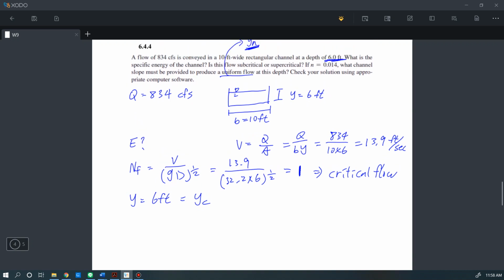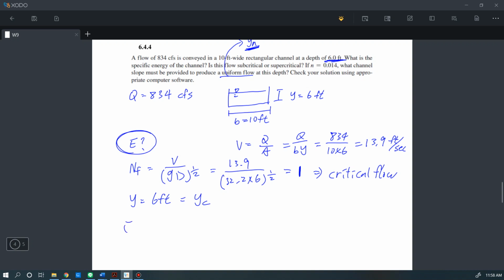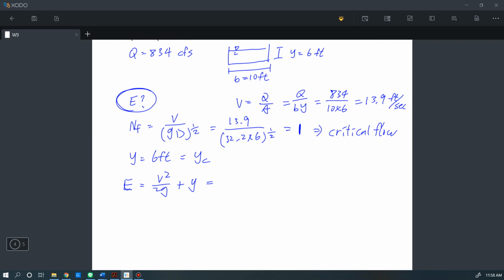Okay, and back to calculating the specific energy. The equation for the specific energy is the velocity term, V squared over 2g, plus y, and you can just plug in the numbers.